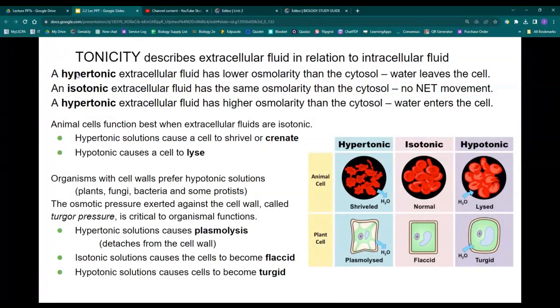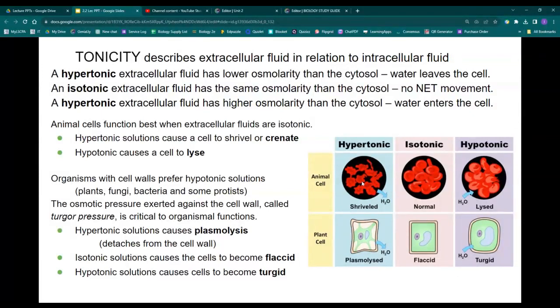Hypertonic, hyper meaning higher, has lots and lots of solutes. So we're going to have, for instance, salt water. The water will actually leave the cell because the water outside of it is so salty.